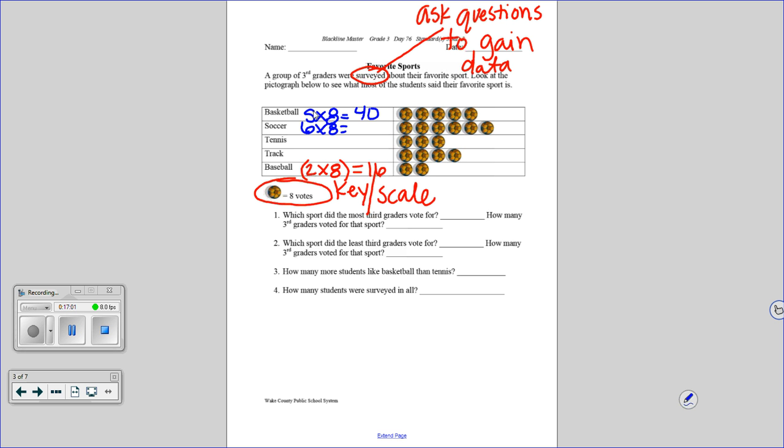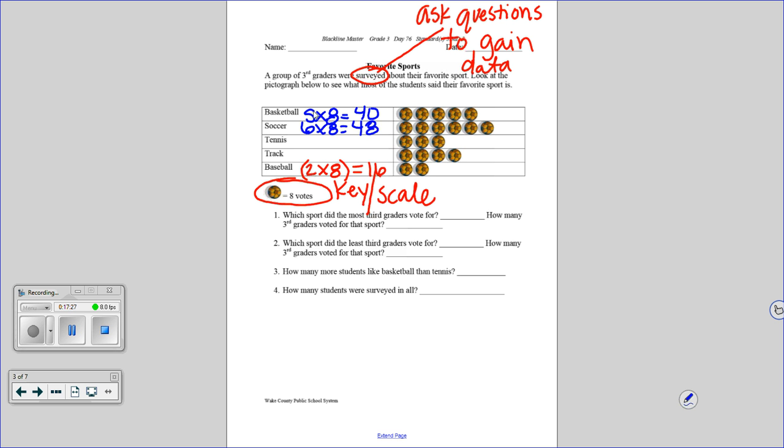Santiago? No, that's not going to help me get from 5 times 8 to 6 times 8. How do I get from 5 times 8 to 6 times 8? Colin? Add another group. I'm going to add another group of 8. So 6 times 8, if I'm adding one more group from 40, is going to be 48.